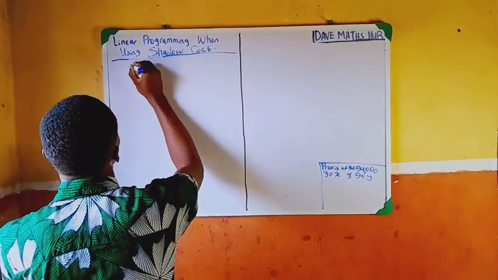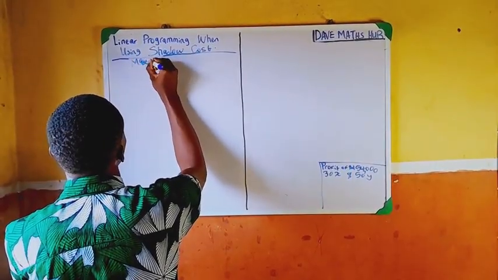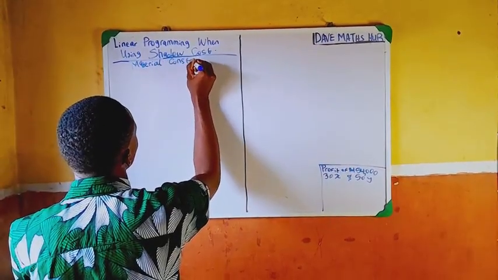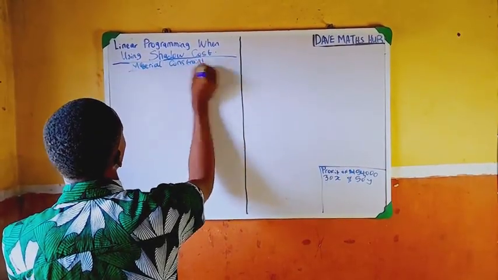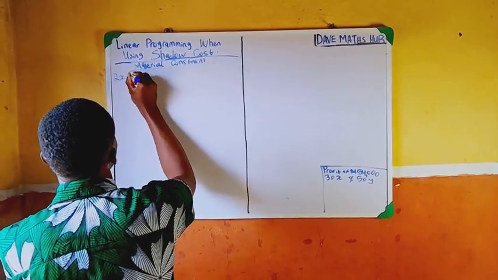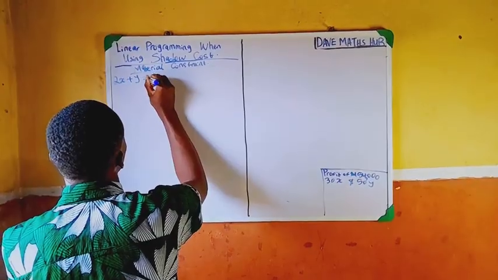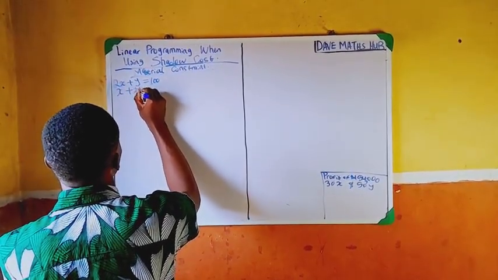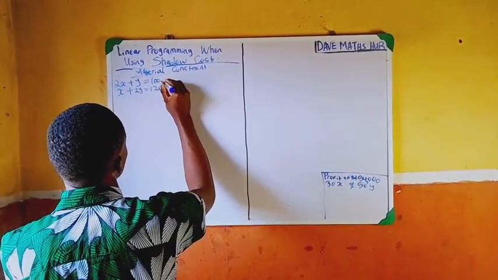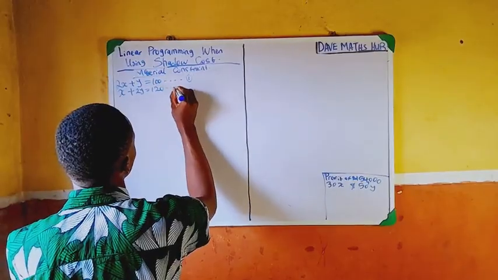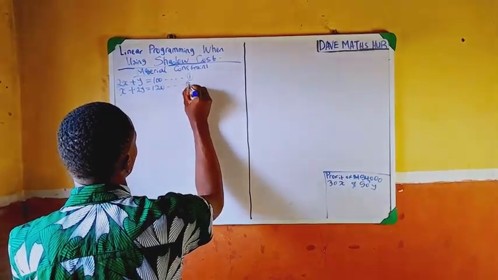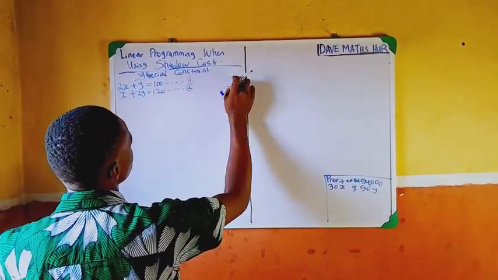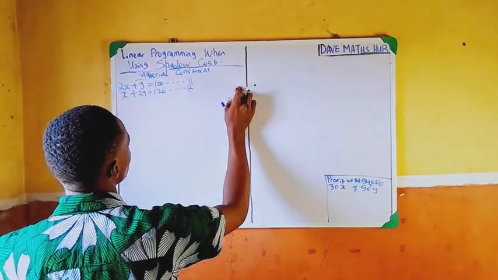For the first one, having material constraints, we are told it is 2x plus y equals 100 and x plus 2y equals 120. So we can make this equation 1 and equation 2. So for the additional units, remember this first one is material, this other one is labor.